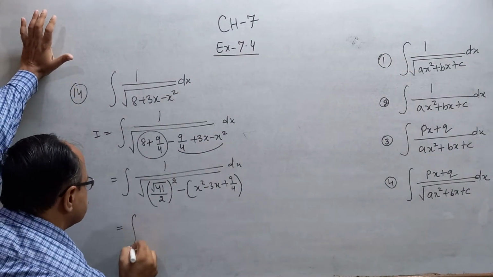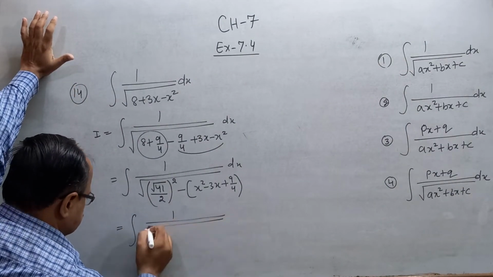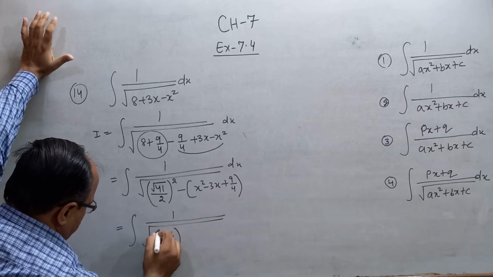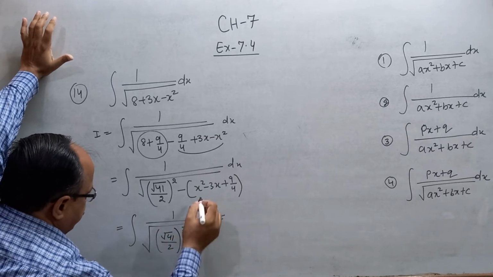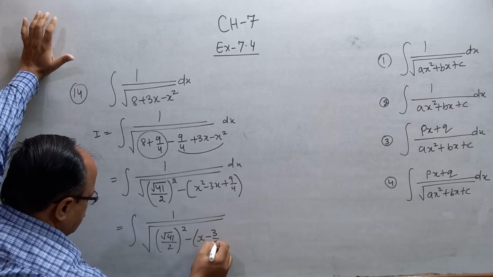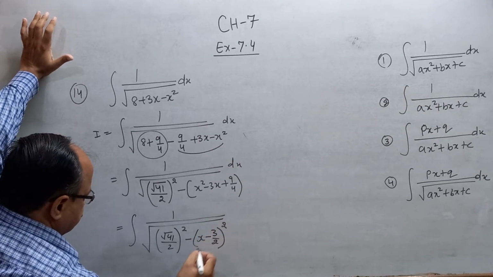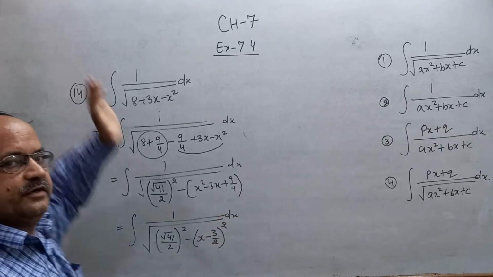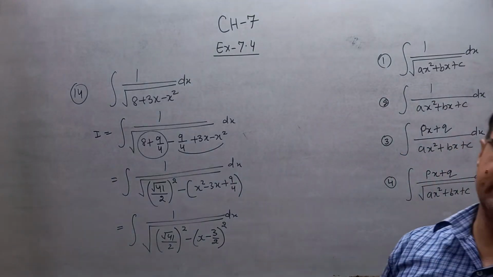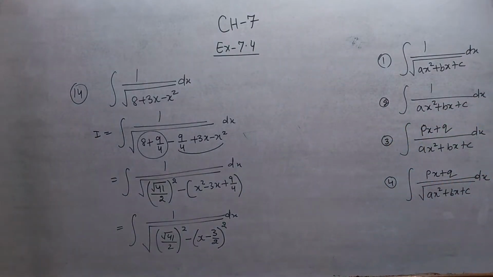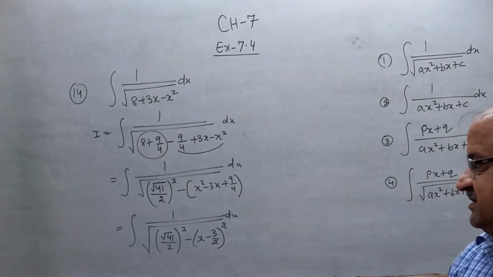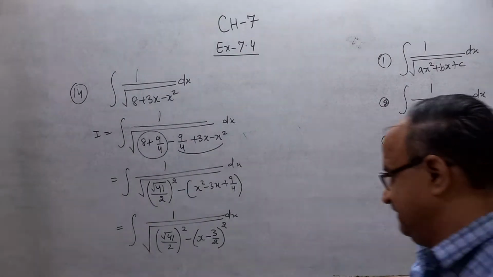And you know that 1 upon root 41 by 2 whole square minus, and it is a perfect square, that is x minus 3 by 2 whole square. Now can you tell me the formula? 1 by root a square minus x square. A very simple formula, 1 by root a square minus x square is sine inverse x by a.